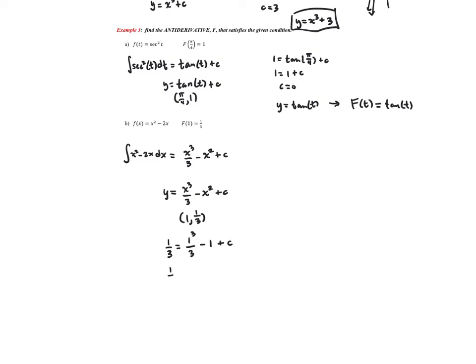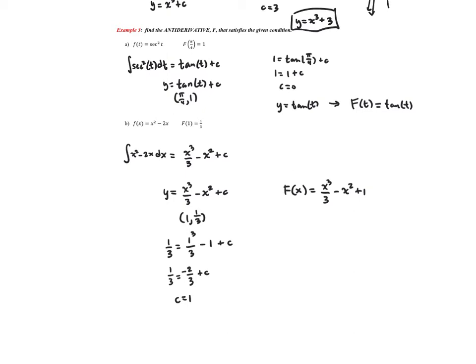So that would mean that 1/3 is equal to negative 2/3 plus c. Thus, c would equal 1. Therefore, big F of x will equal x cubed over 3 minus x squared plus 1.